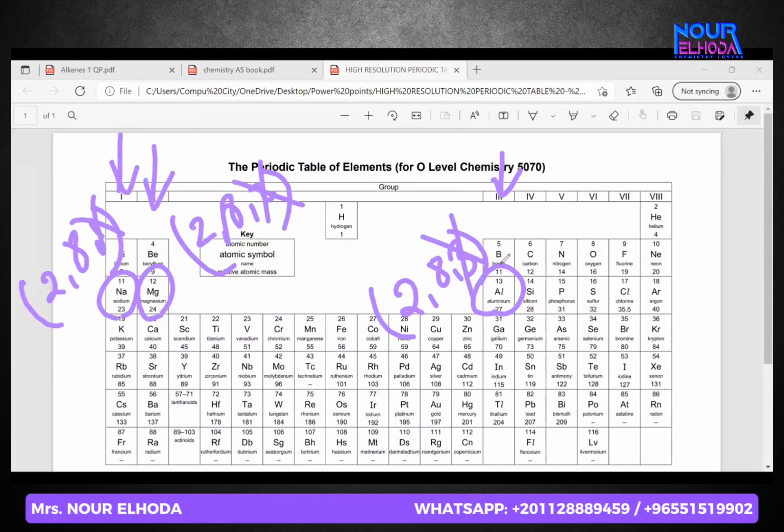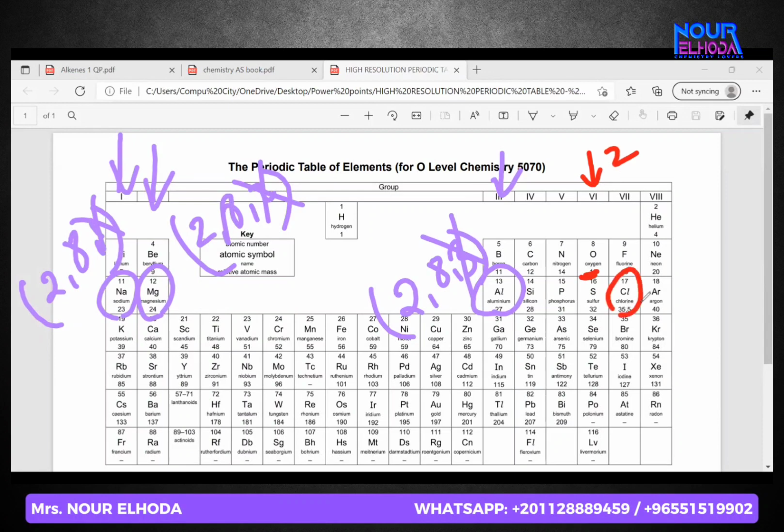You got my point? Now starting from this area, the non metals, you will find that they gain, they will not lose. How do I know how many electrons it gains? Take oxygen, for example, in group 6. I do 8 minus 6, which gives 2, so oxygen will gain 2.